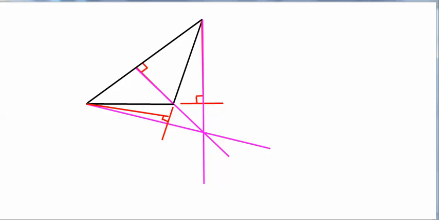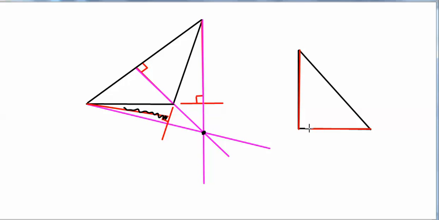Is the orthocenter always outside the triangle? No. In a right triangle, it's right on that right angle, isn't it? Because vertex to the opposite side at 90 is going to go there.